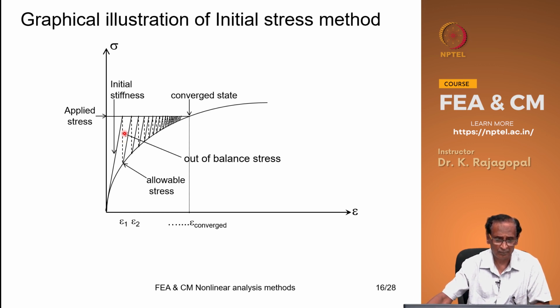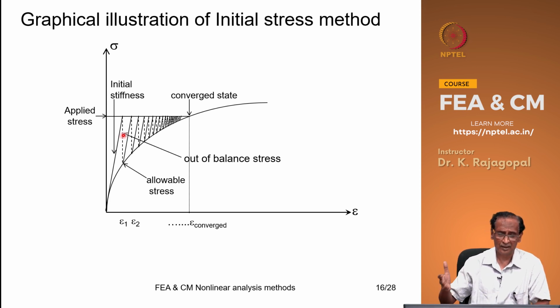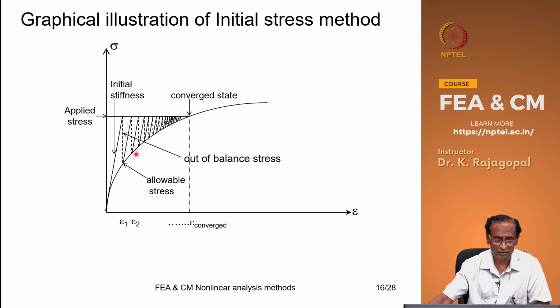If you apply the force corresponding to this unacceptable stress, we will get some incremental displacement epsilon 2, and then we continue. In all the iterations our stiffness matrix is going to remain the same, so the slope of this line remains the same. As we proceed, your out of balance stress will go on decreasing, and at some stage we will have a converged state.